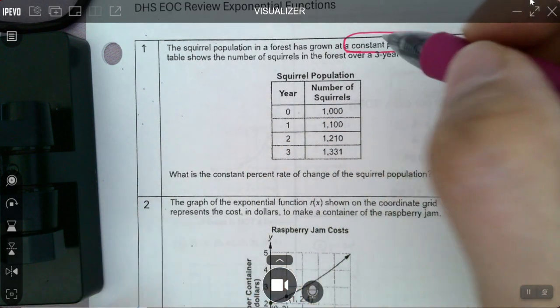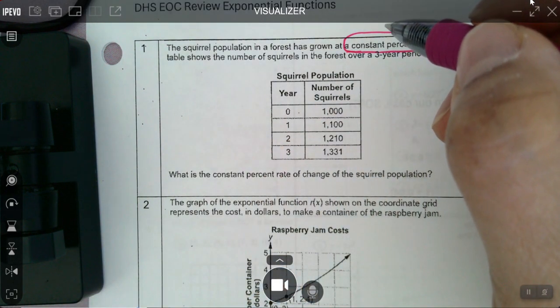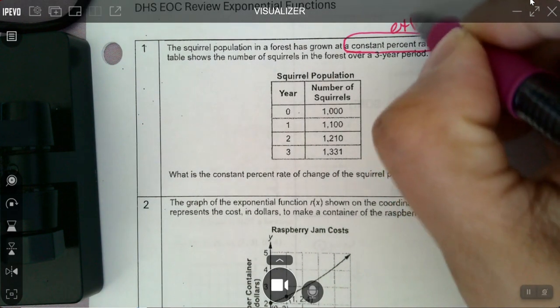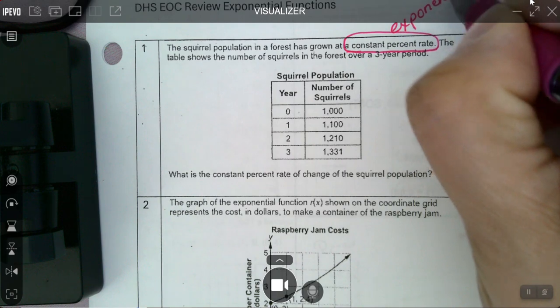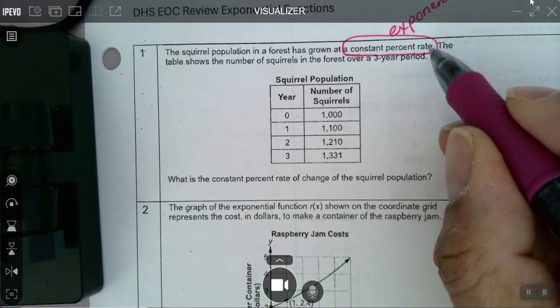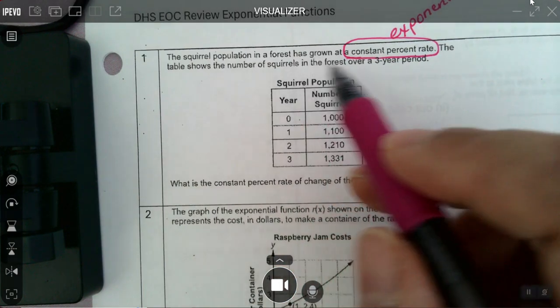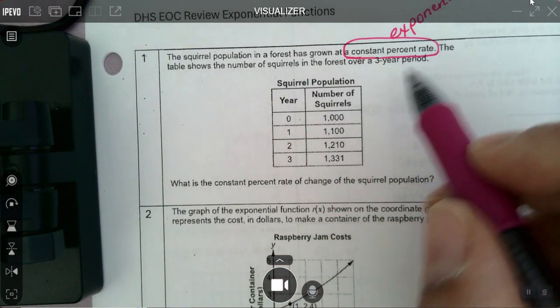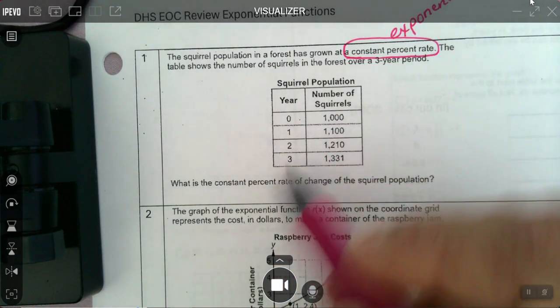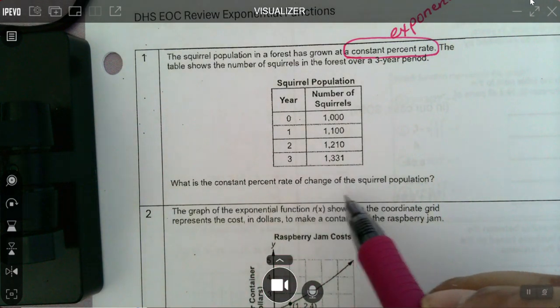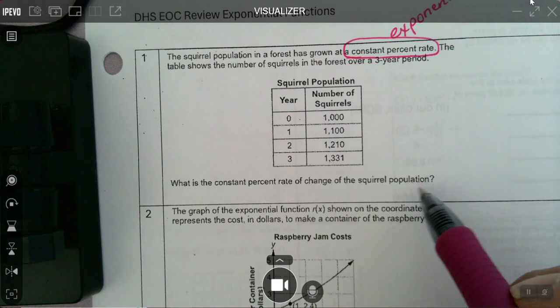Constant percent rate, so it's exponential. The table shows the number of squirrels in the forest over a 3-year period. What is the constant percent rate of change of the squirrel population?